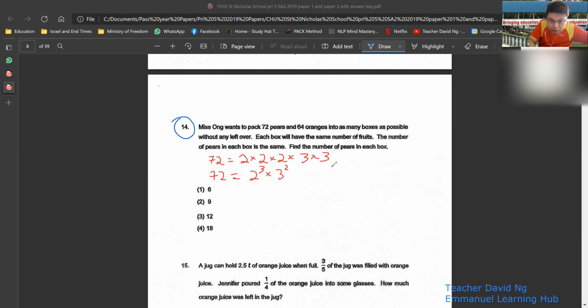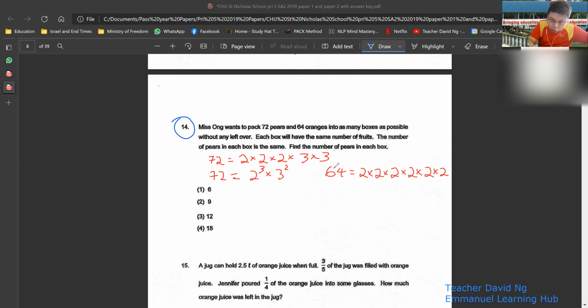Likewise, you do the same for 64. 64 divided by 2 is 32. 32 divided by 2 is 16. 16 divided by 2 is 8. 8 divided by 2 is 4. 4 divided by 2 is 2. So how do I know I need to times 2 six times?